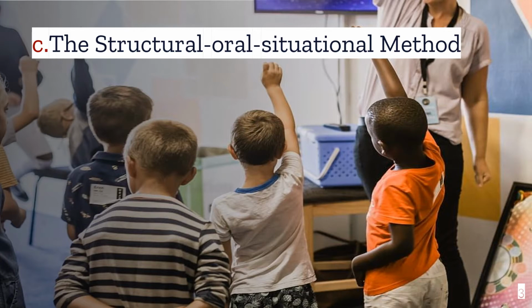The structural oral situational method is one of the methods that we use in English language classrooms. This method is based on the principle that language is primarily speech. So speech is where the focus will be in this method.